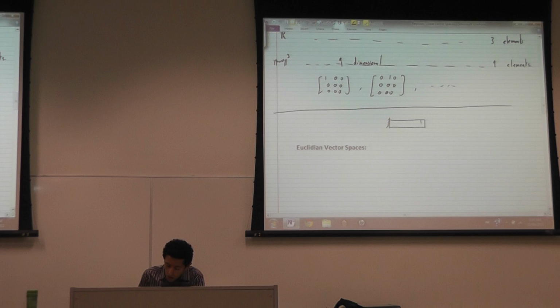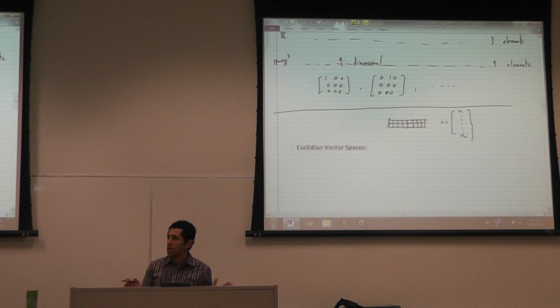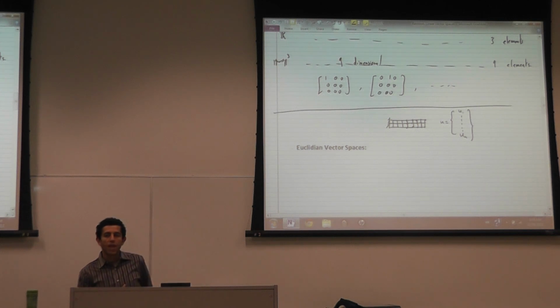In this structure, you divide it into nodes and elements, and once you divide it into nodes, your unknowns become the displacements of the nodes. So I'm living in an n-dimensional vector space, and I'm trying to find a vector with n components.